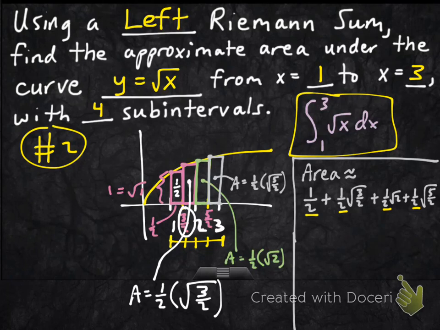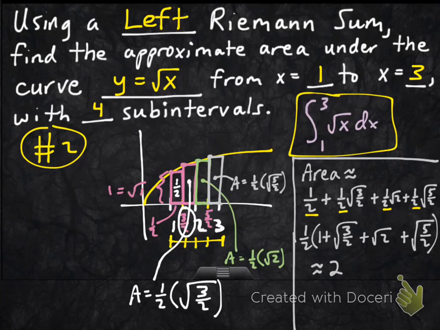But by doing that, I get 1/2 multiplied by, and don't forget the 1 for the first term, plus the square root of 3/2 plus the square root of 2 plus the square root of 5/2. And if I'm looking at this correctly, I believe that answer is about 2.61, and that's the approximate area.